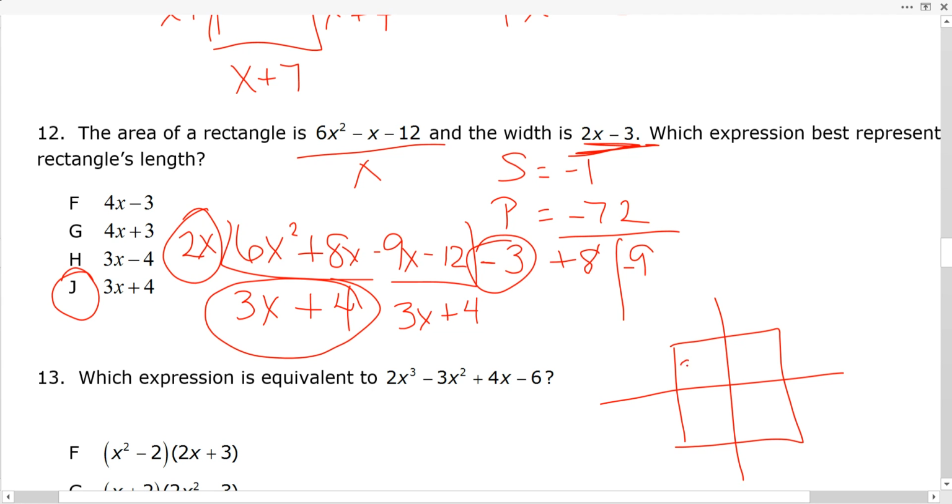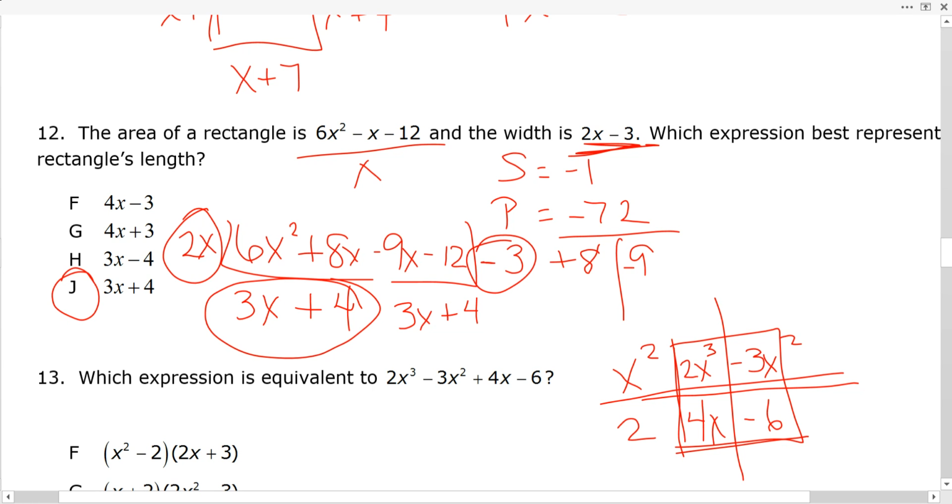So I get 2x to the third power in the top left, -6 in the bottom right, minus 3x squared here, and 4x here. Greatest common factor on the top row is x squared. On the bottom row it is 2.